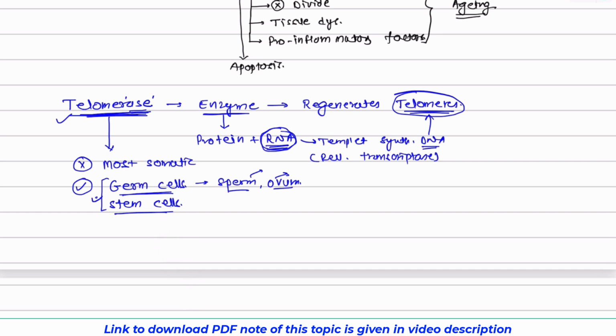Similarly, stem cells are the cells which can regenerate the damaged tissue, damaged cells, right? The new cells synthesized from the stem cells will take the place of the old cells. So the stem cells also need infinite replication power, infinite cell division power, and that is provided by the telomerase.